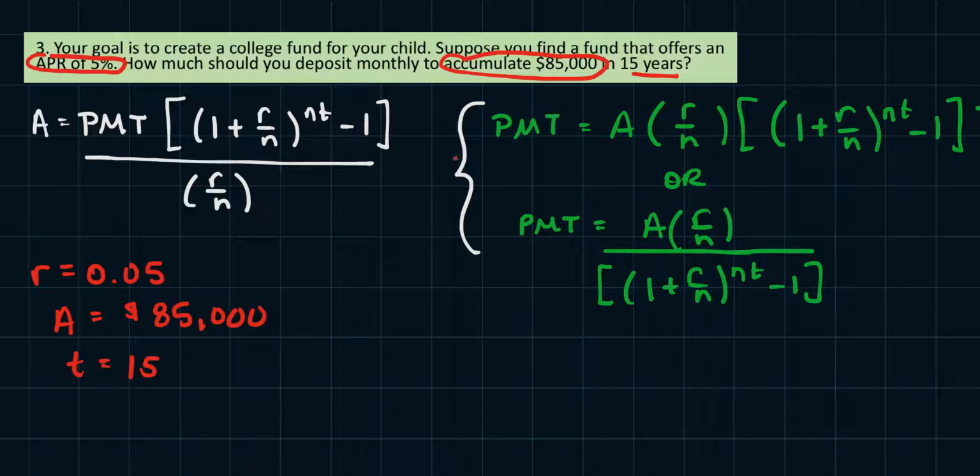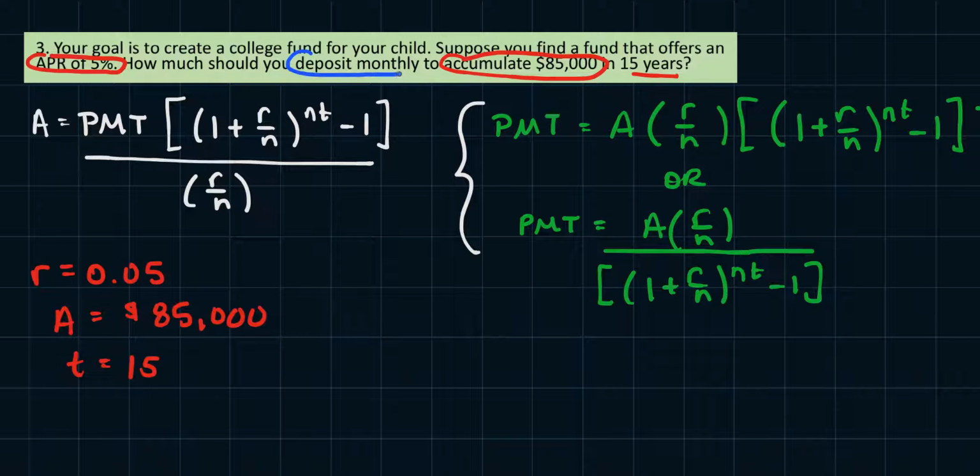So the important part here, and this will help you figure out which equation you're going to use, because remember there are several equations. There's the compound interest formula, and we solved the compound interest formula for P, and we had the compounded continuously formula, and we solved for P, and you're going to have to figure out which formula do I need to use. And the key to doing that is to look at what it says.